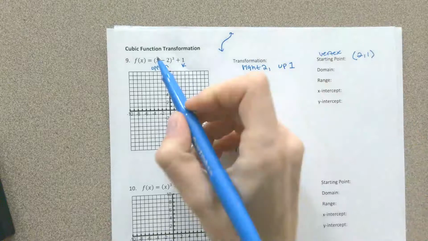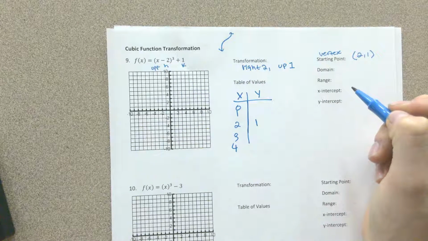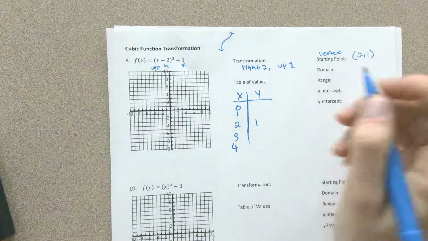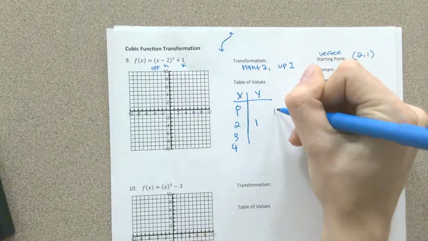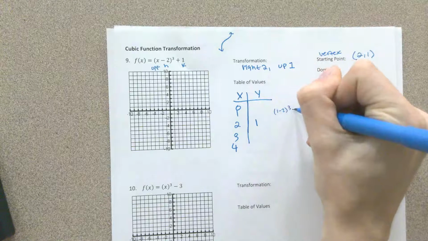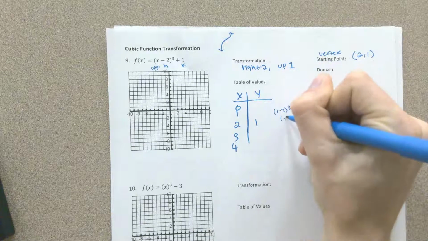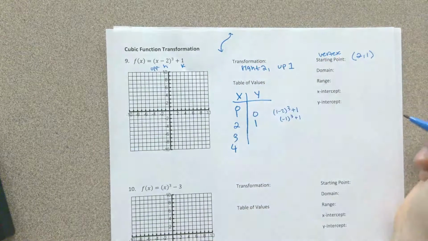Plugging 1 in for x, we get 1 minus 2 cubed plus 1, which gives us -1 cubed plus 1, which gives us 0.